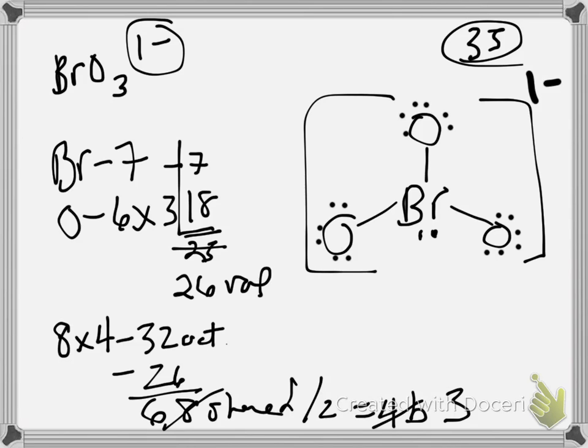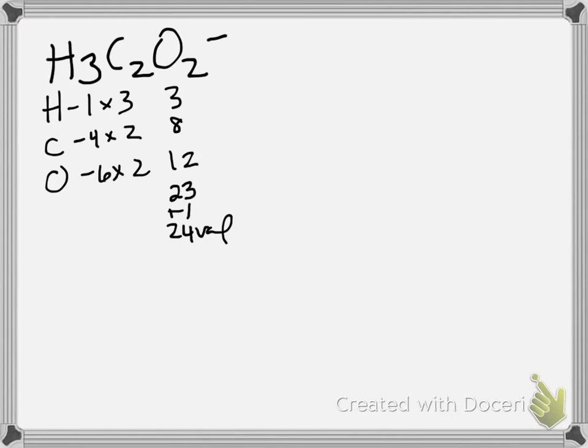Okay. Did you do the B? If I can find it, yes. Okay, so we've got 24 valence on 42B.